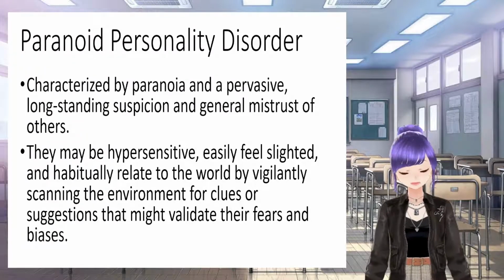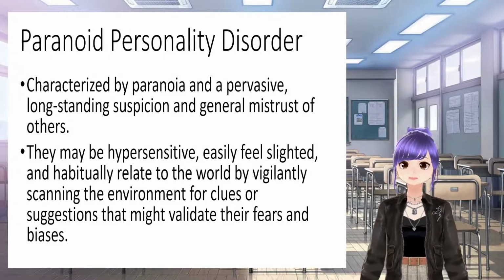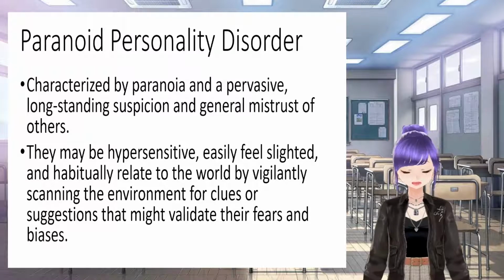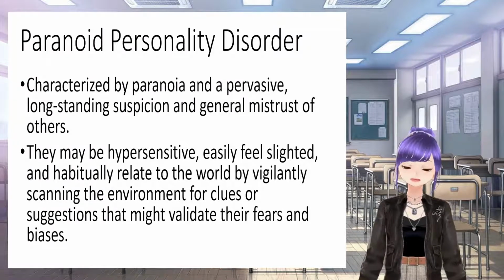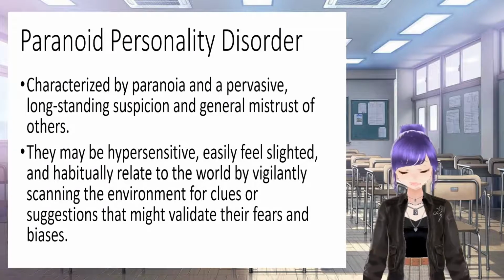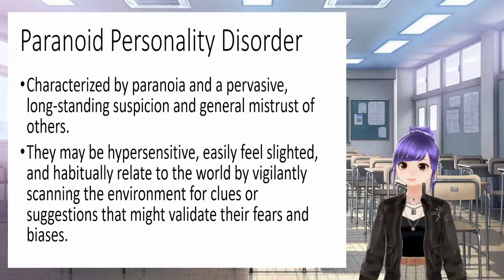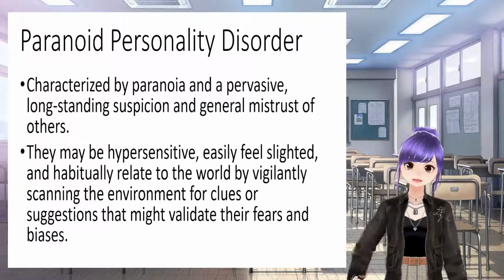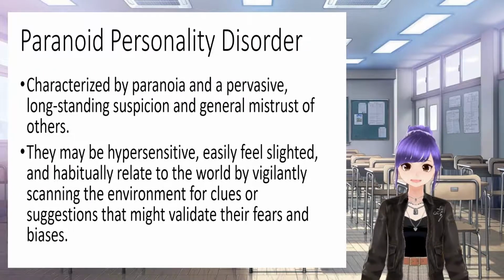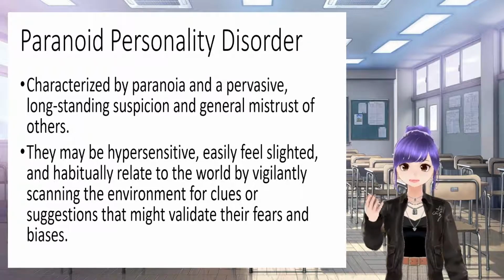Individuals with this personality disorder may be hypersensitive, easily feel slighted, and habitually relate to the world by vigilantly scanning the environment for clues or suggestions that might validate their fears and biases. So in paranoid personality disorder, it is characterized by paranoia, and that paranoia is long-standing and, of course, enduring.